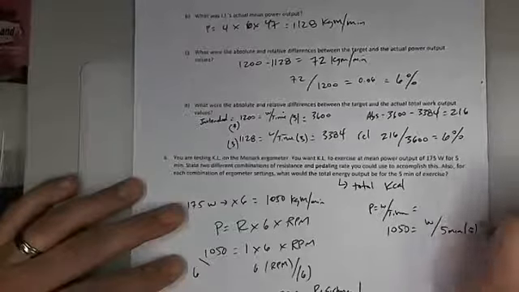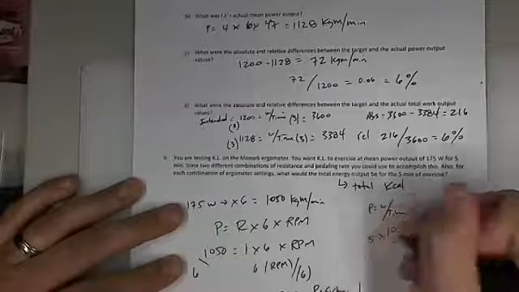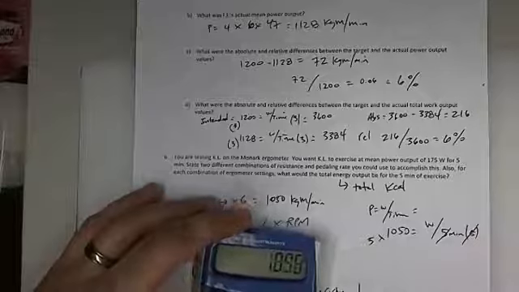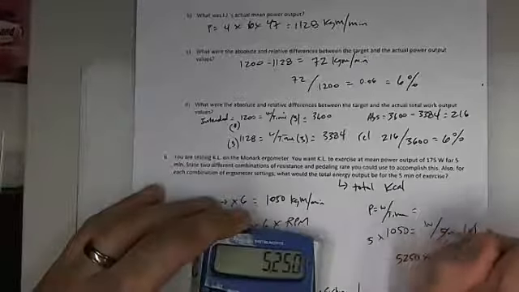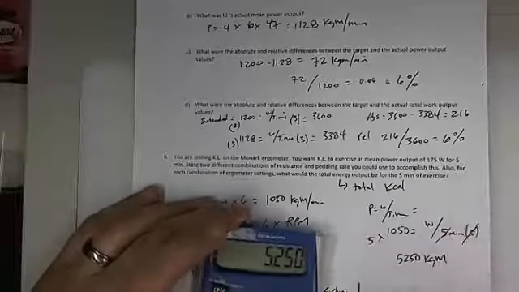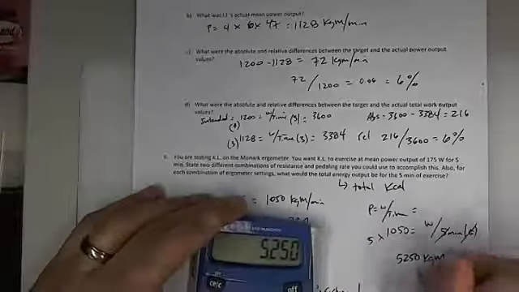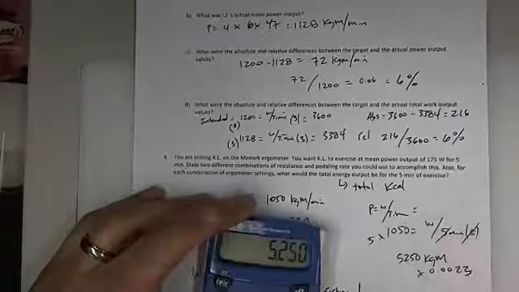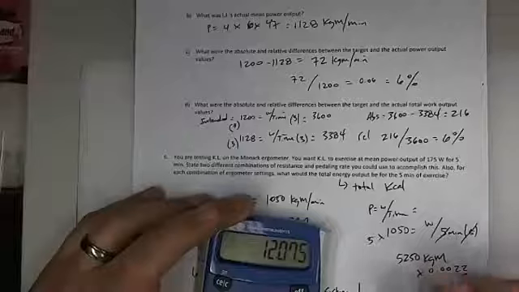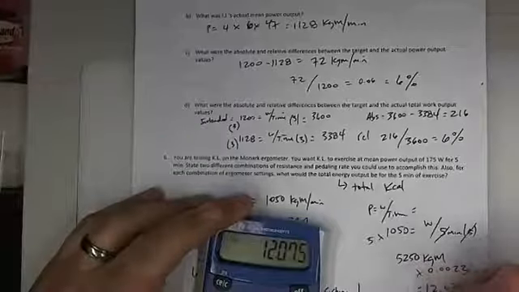So here we'll multiply both sides by 5. So 1050 times 5 gives us 5250 kilogram meters. Then to get that into kcals, we multiply by 0.0023 equals 12.075 kcals.